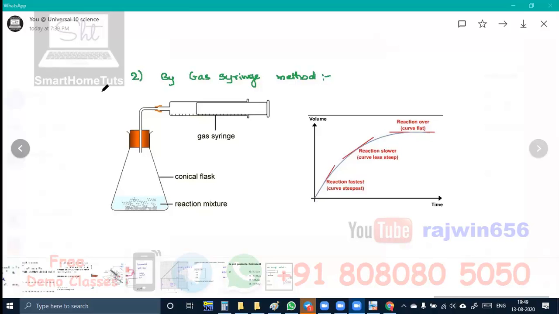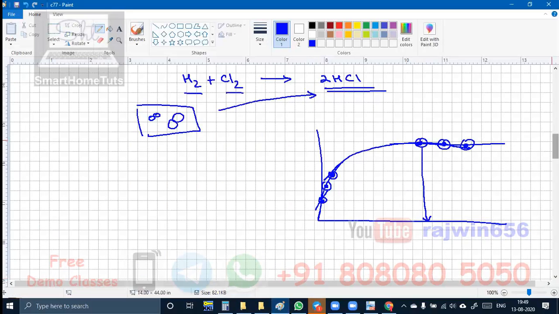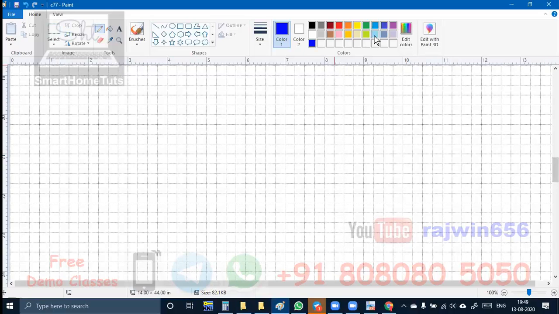The second method of finding the rate of reaction is change in mass. For example, I'm taking a simple example. This is a solid.